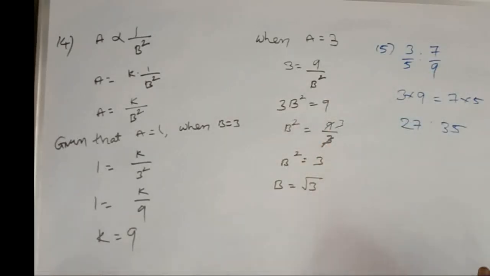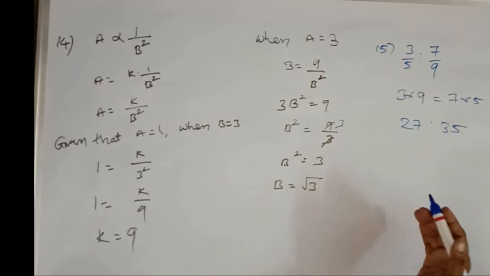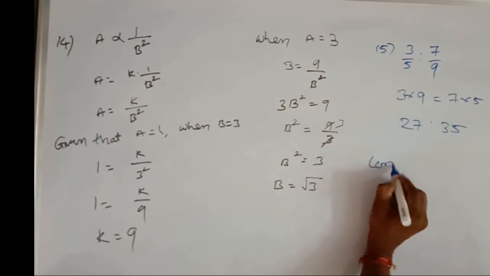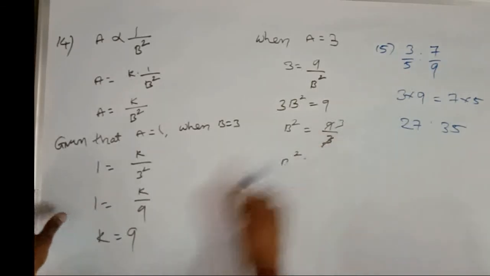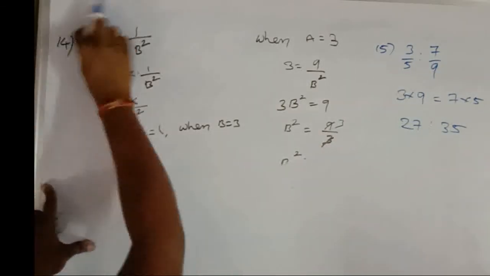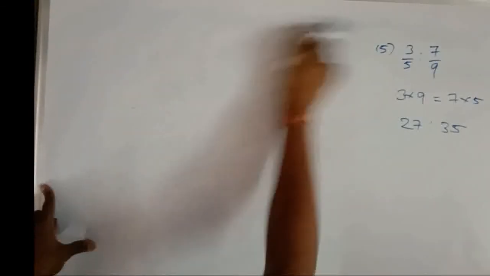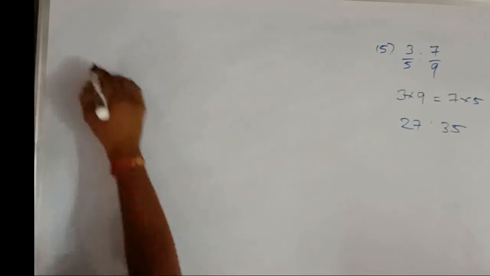Or take the LCM. 45 is the LCM. So this is one method, and LCM is the second method I am doing here. Your second method is LCM of 5 and 9.